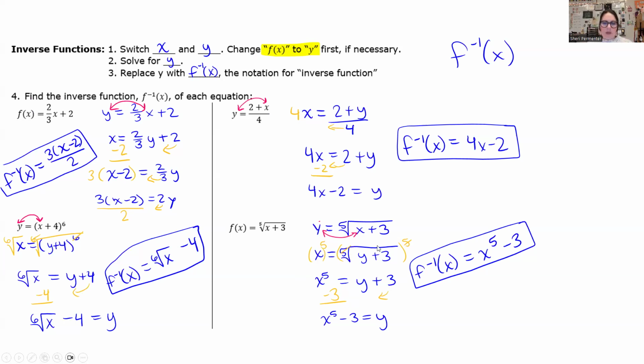Wait, why did you cross it out? Because the fifth root and the fifth power, those operations cancel. Wait. This and this cancel.